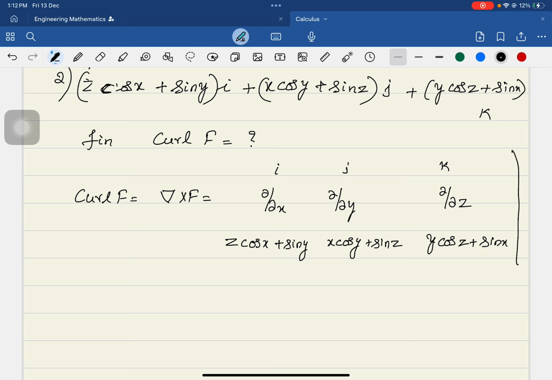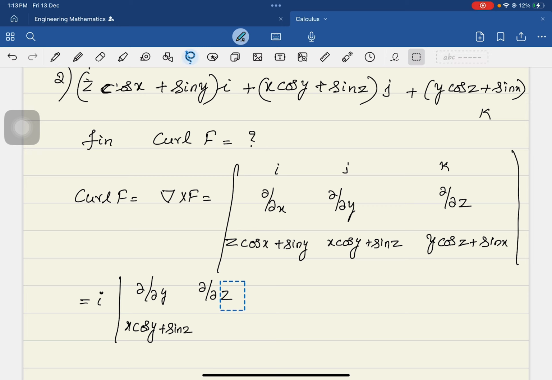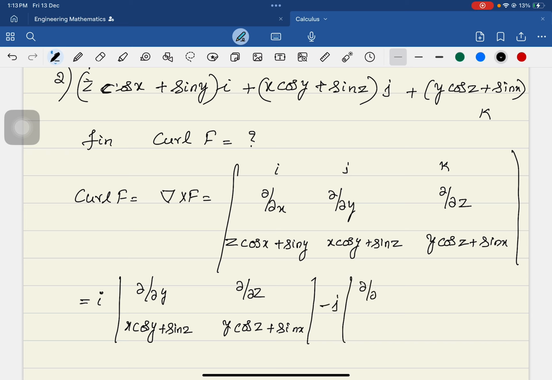Let us take the determinant of this, that is given by i times of the second and third rows, that is dou by dou y, dou by dou z, and then x cosine y plus sin z, and then dou by dou y and dou by dou z, that is y cosine z plus sin x, and then minus j times of the first and the third column, that is dou by dou x and dou by dou z.